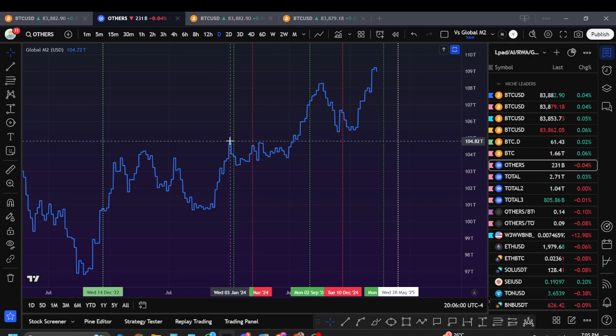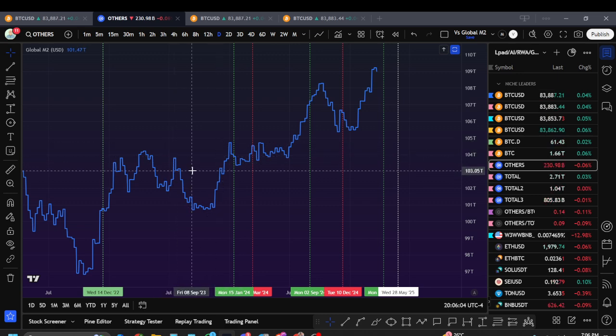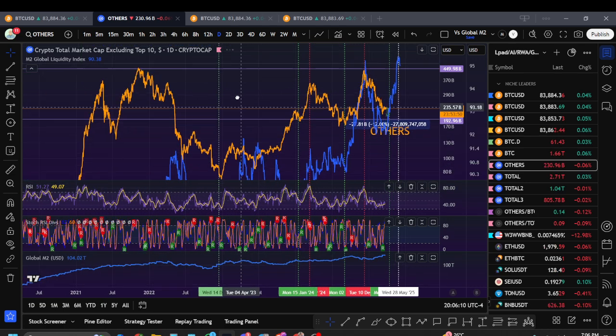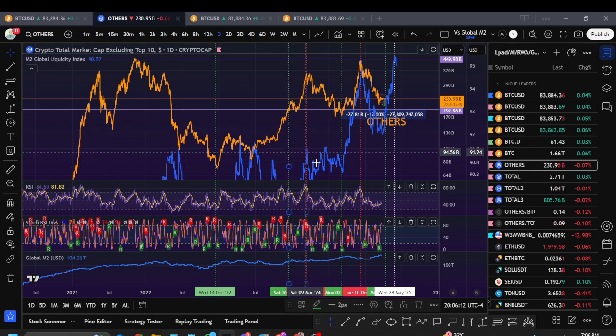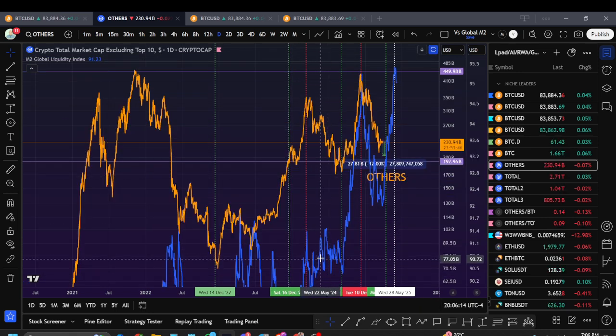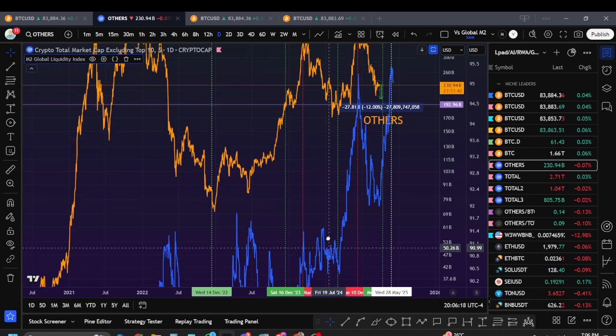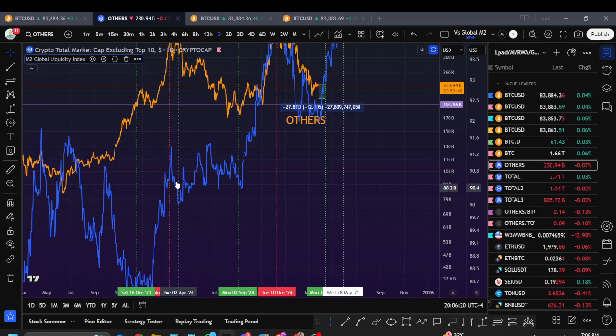It just broke its last all-time high on this one. And what did that look like for Bitcoin? For others, when it did that, it came up and made another high.